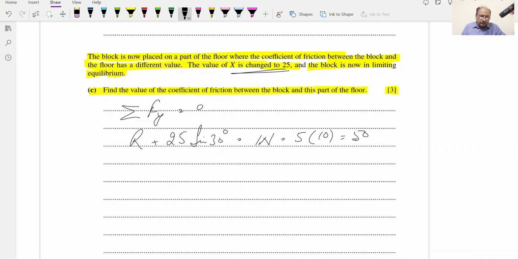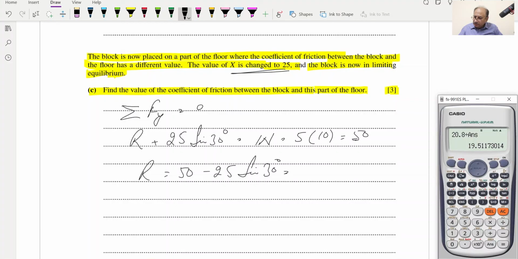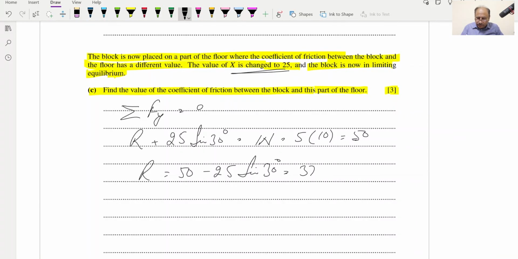Now we can resolve this one. R is equal to 50 minus 25 sine of 30 degree. So we can calculate 50 minus 25 sine of 30 degree, and this is giving us 37.5. This will be the reactionary force.